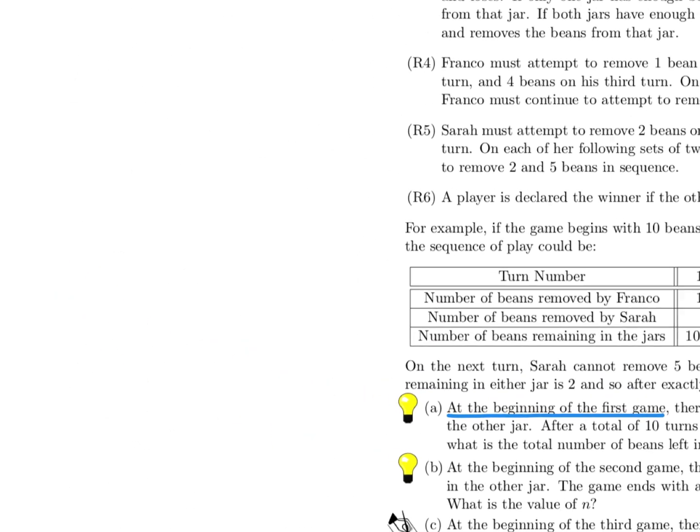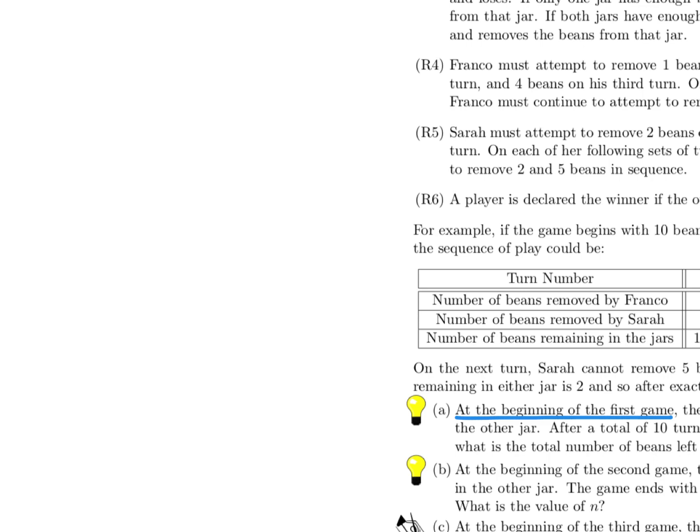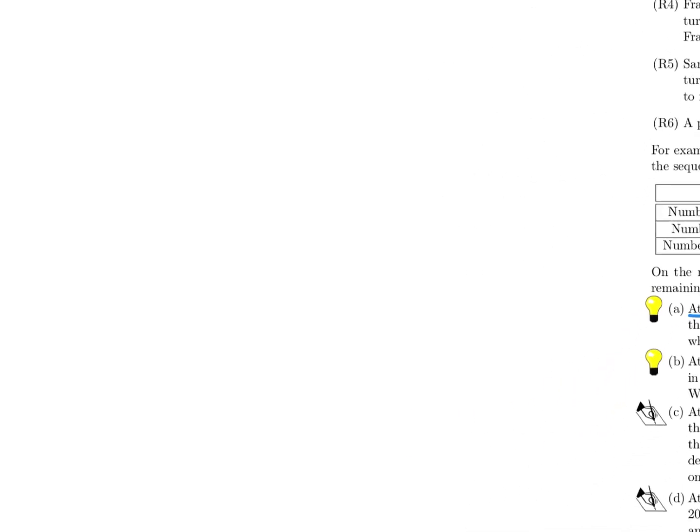Okay, so let's start this off by talking about it with this example. So we start off with 2 jars, I guess, or whatever they're calling it. And they are telling me that they've got some parameters here.